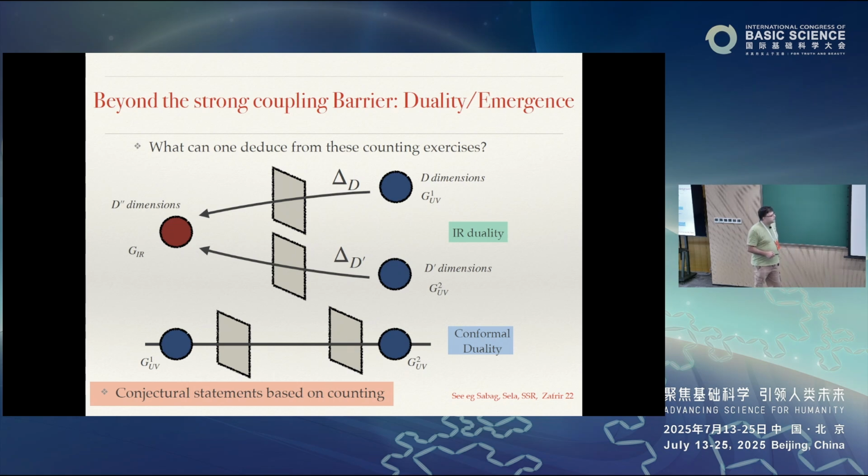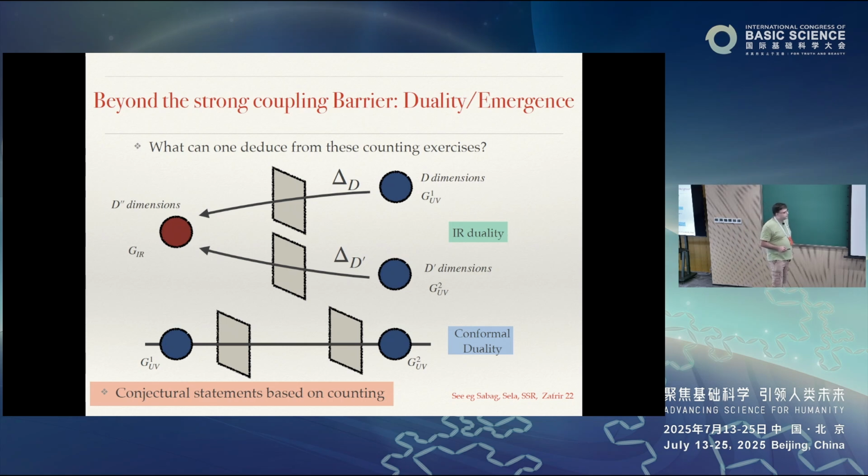Of course, if all this topological information that you compute here agrees, then you have evidence that the conjecture that the two theories flow to the same fixed point is correct, but it is not a proof. But if some of this topological information doesn't agree, this is a proof that the two theories don't flow to the same fixed point.